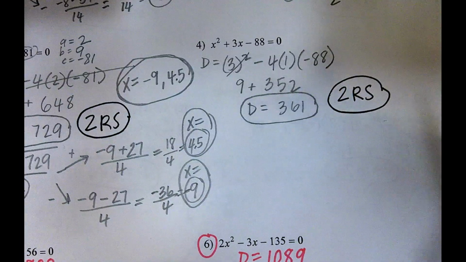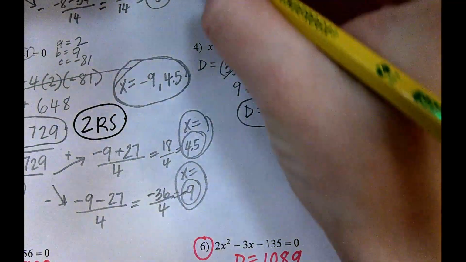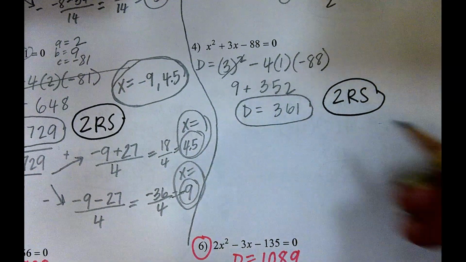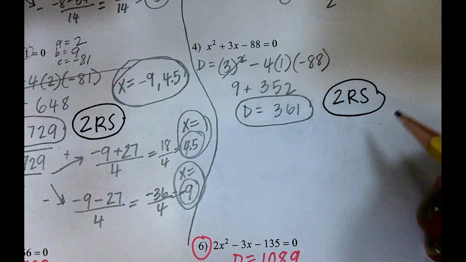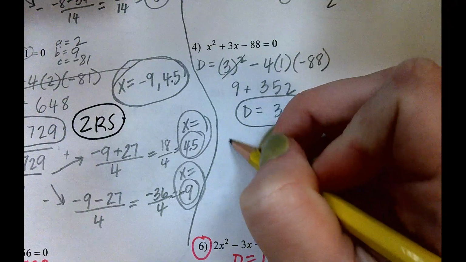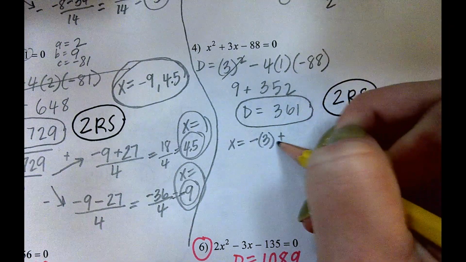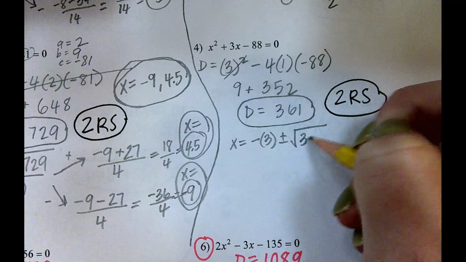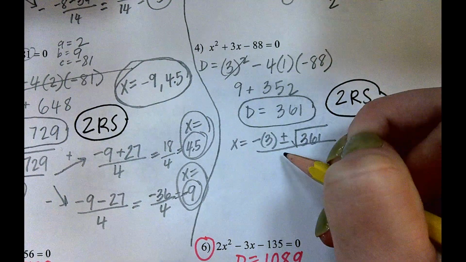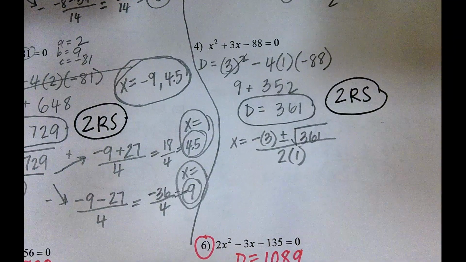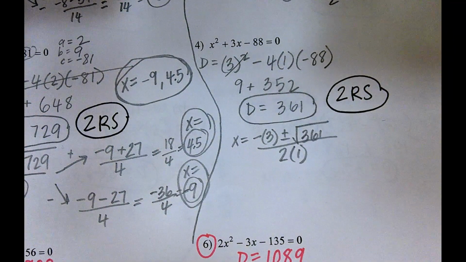Okay, so for number 4, since we already found the discriminant, we'll just plug it into the quadratic formula. So we'll do x equals negative 3 plus or minus square root of 361 over 2 times a, which is 1.